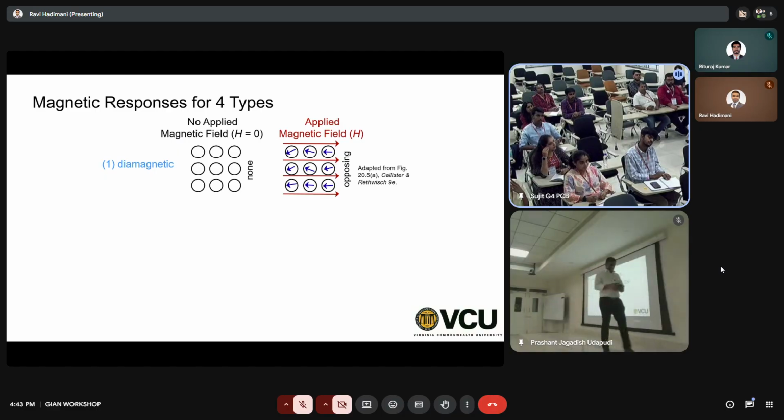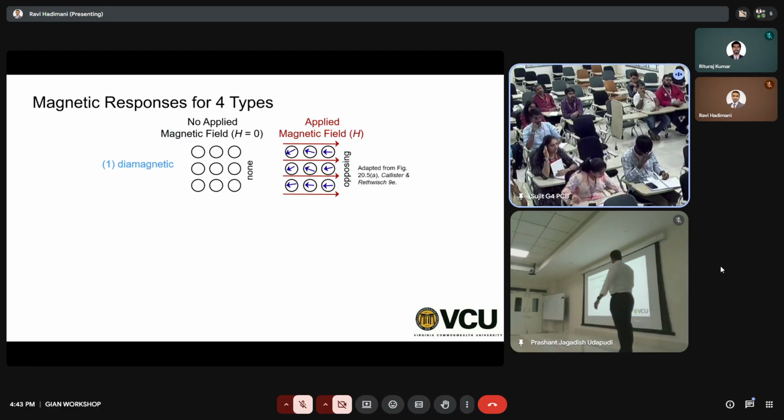Now, in a diamagnet, if you don't apply any field, this is what you see. There is no effect from individual spins or individual electrons. But if you apply a field in this direction, the red arrow, what happens in a diamagnet is the spins oppose the applied magnetic field.